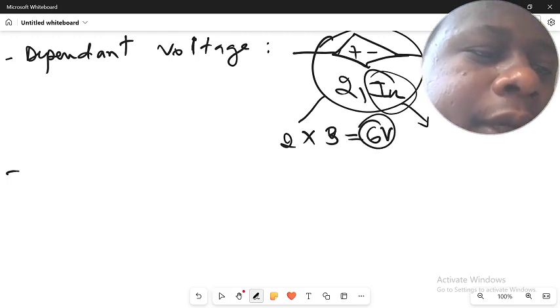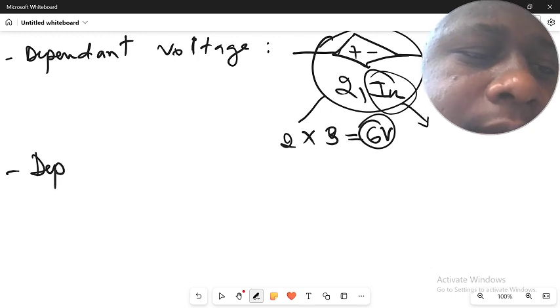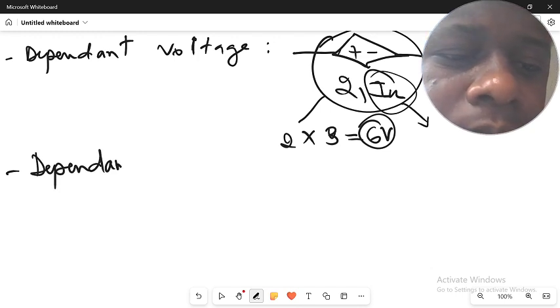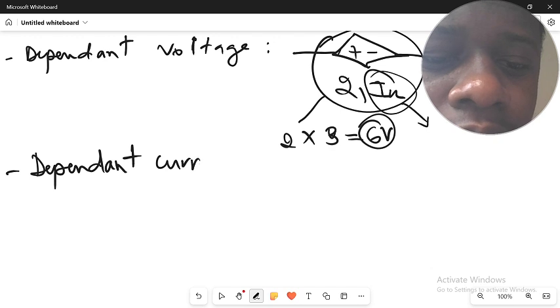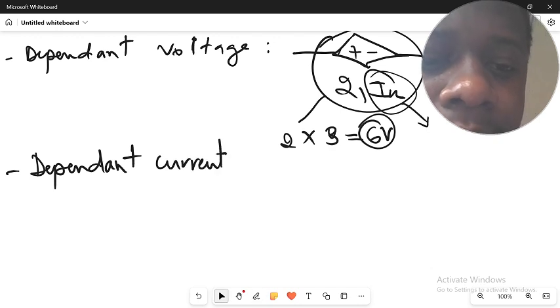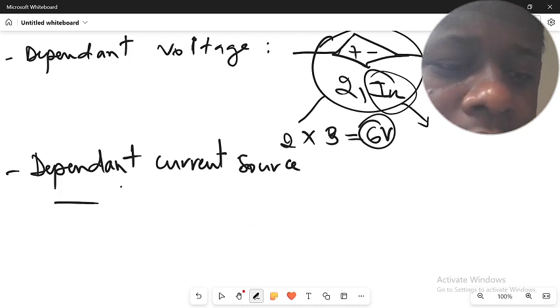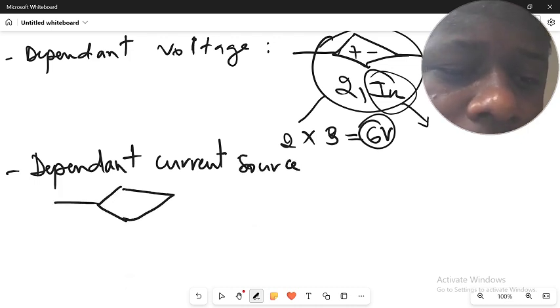Now we have the dependent current source, which can be like this one. We have this arrow. The arrow can be in this direction, the arrow can be in that direction.